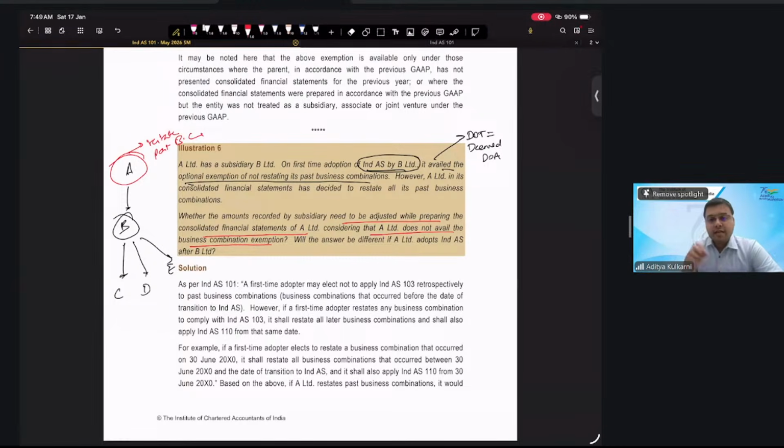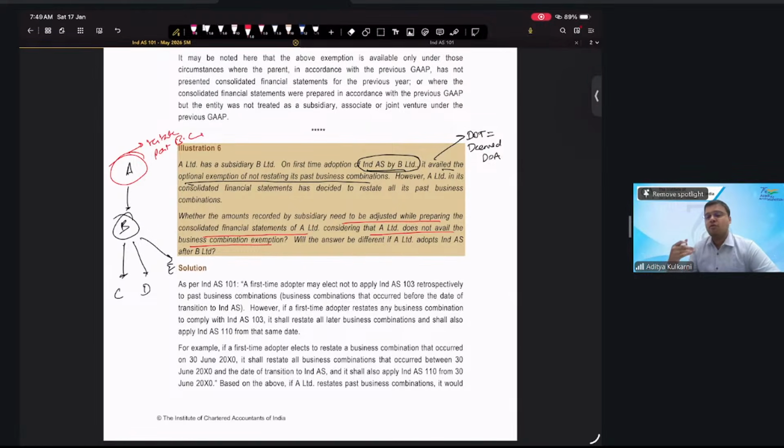Yes. Now that consolidated balance sheet of B, is it a retrospectively restated balance sheet, or is it a balance sheet that is enjoying the exemption provided under Ind AS 101? It availed the exemption. That means there is no restatement that has happened from the past.